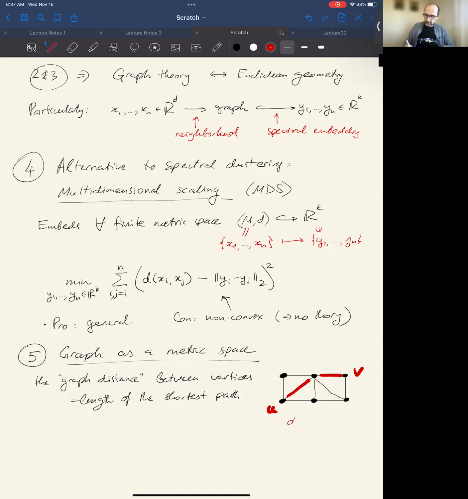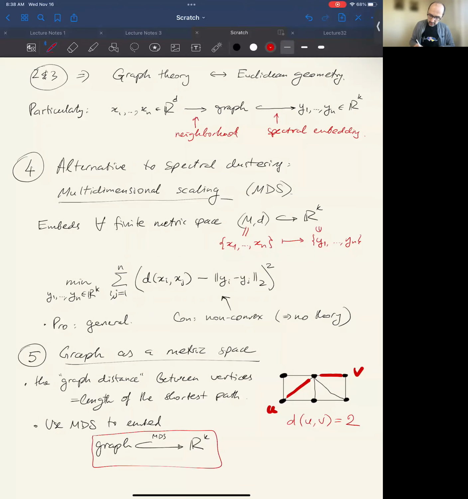And that means that the distance between U and V is 2. So that's graph distance. With it, the graph becomes a metric space. And then you can use multidimensional scaling to embed the graph into Rk. Like this.